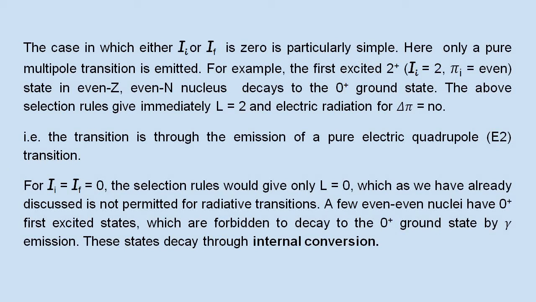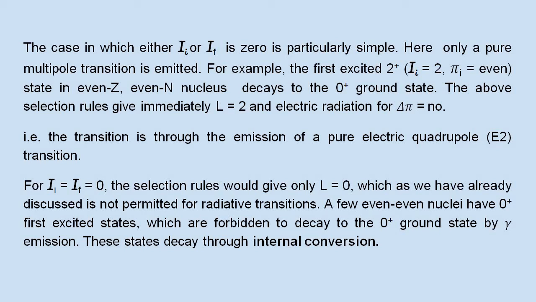And we have mentioned that if II and IF are non-zero values like your 3 by 2 and 5 by 2, we have shown that the gamma ray transition is a mixture of multipoles. That means dipole, quadrupole, octupole, etc.